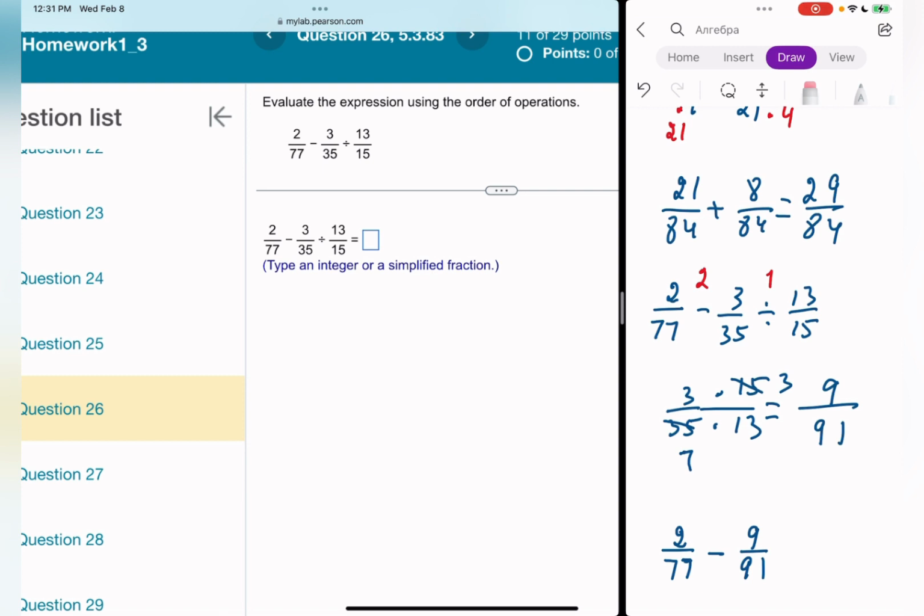No, it's not. 91 times 7, I'm getting 637, and dividing by 77, I don't get it. 91 times 8, I get 728, divided by 77, it's also a fraction. And 91 times 10, 910, divided by 77, it's not working again.